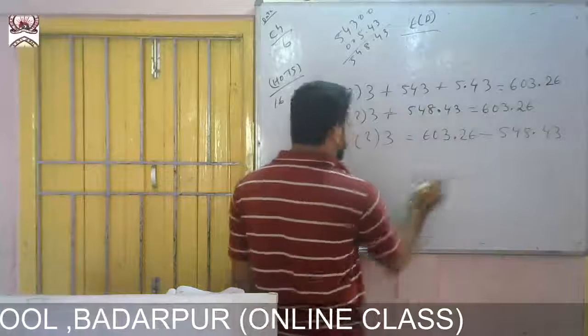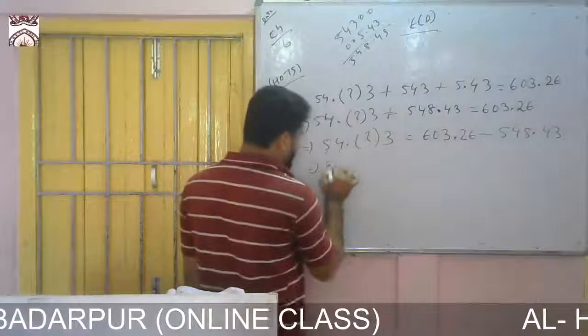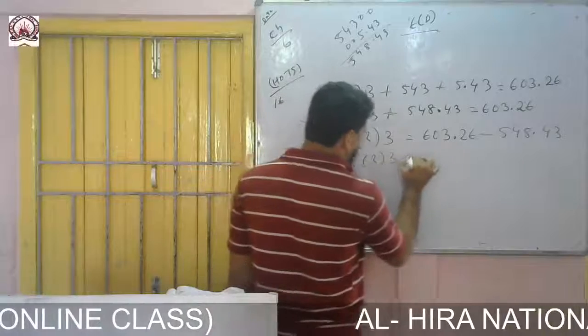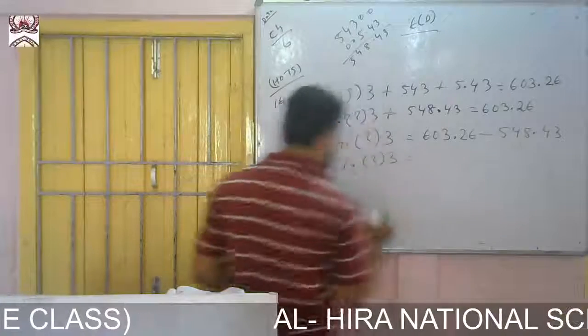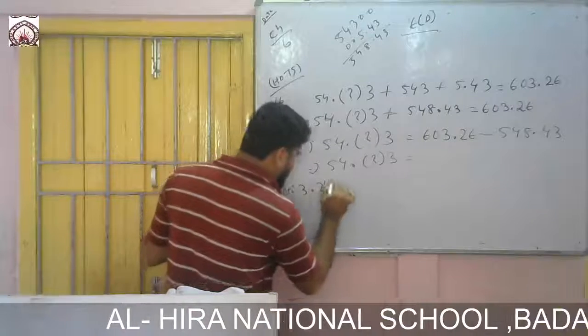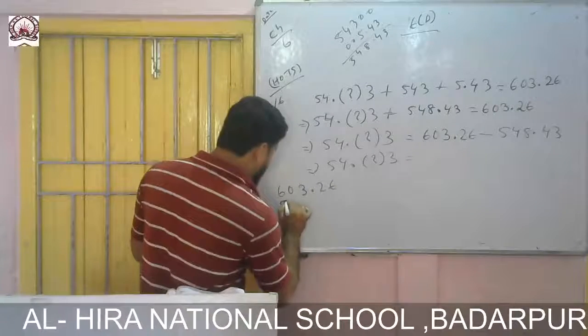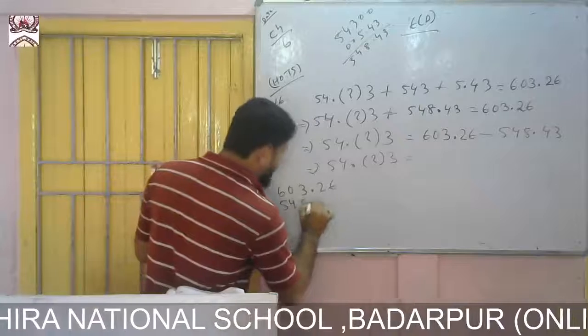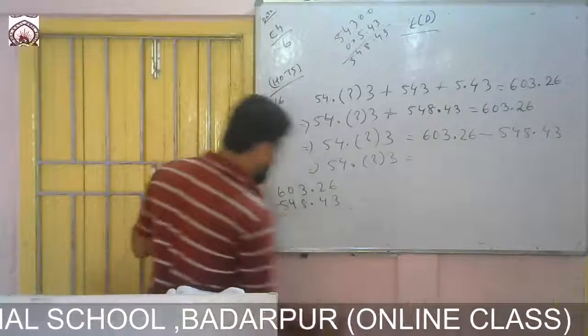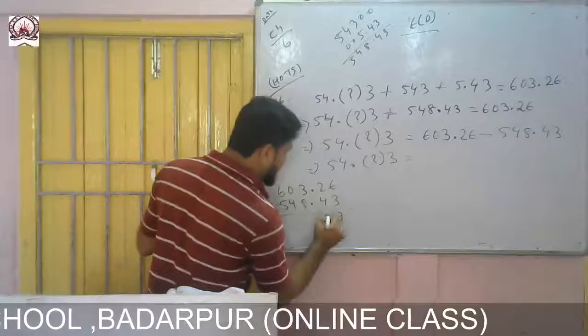Okay, now subtract it. You subtract 548.43 from 603.26. Subtract 6 minus 3, it is 3.